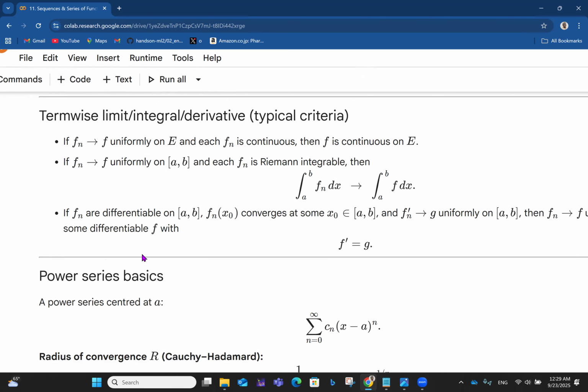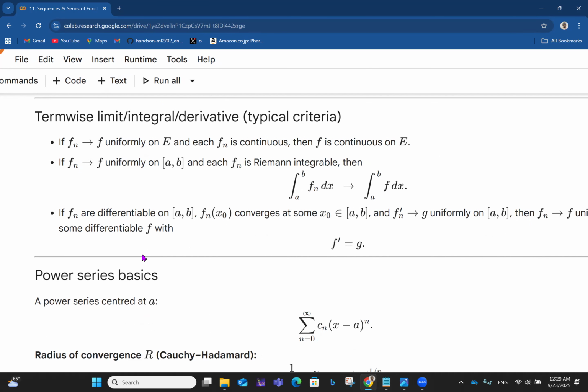And then we can talk about the idea of termwise limit, integral, derivative, and their typical criteria.